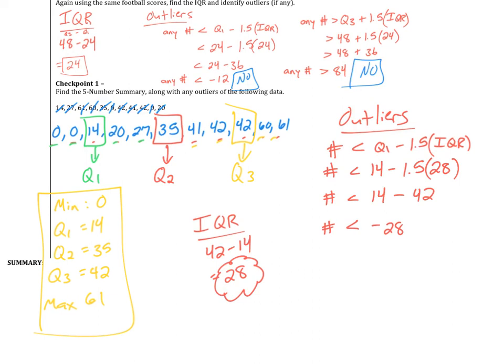Are there any numbers in the list above that are less than negative 28? There are none. Then we have to check, are there any numbers bigger than Q3 plus 1.5 times the IQR? So Q3 is 42.